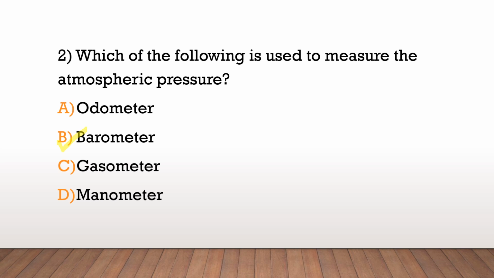Odometer is used to measure the distance traveled by a vehicle. Manometer is used to measure the pressures of any gases. And gasometer, it is used in some industries. Barometer is used to measure the atmospheric pressure.